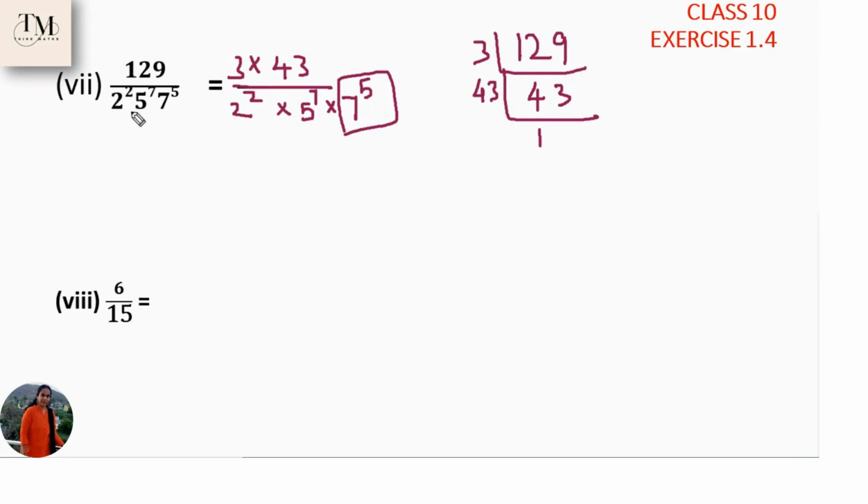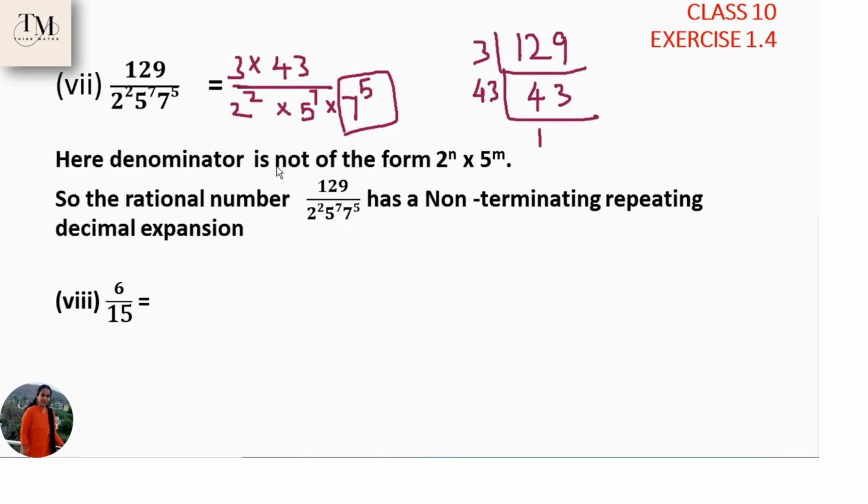That is, it has a non-terminating repeating decimal expansion because 7 appears in the denominator. So the rational number has a non-terminating repeating decimal expansion. Okay.